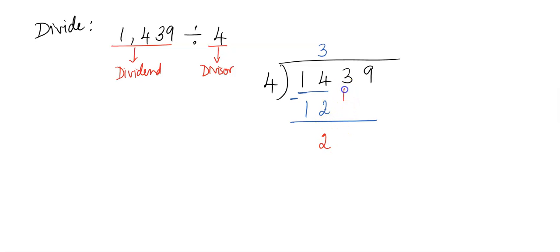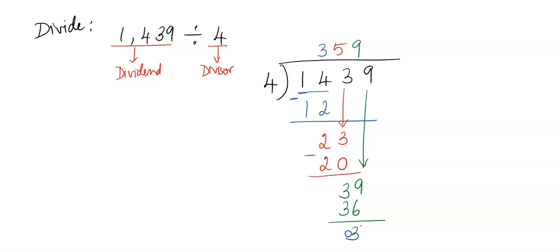The subtraction, 23. 2 is too small, so I bring down the 3, right? So then we have 4 times 5 will be 20, because 4 times 6 will be 24. Again subtract, and that will give us 3 here. Bring down the 9, 39, and then we have 4 times 9 will be 36, so that will be a 3.